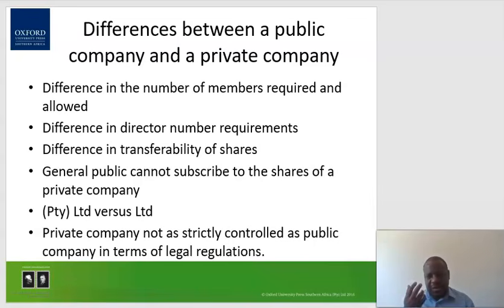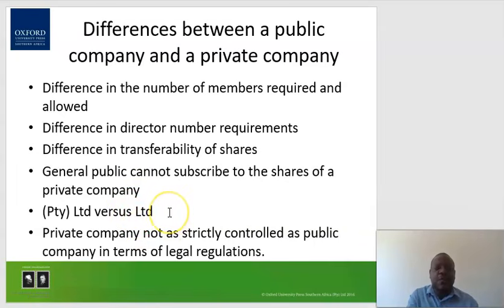Also in terms of shares, the general public cannot find it easy to buy shares of a private company. In case of a private limited company, it's usually identified by Pty Ltd. But if it's a public company, it's only limited.